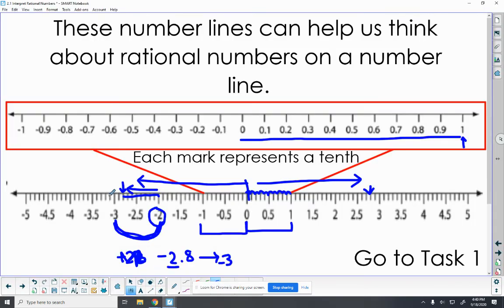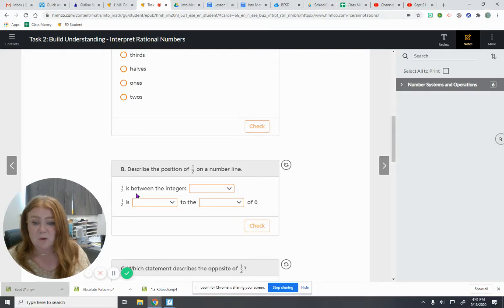And I know this doesn't have fractions on it, but I know that 50 cents is half of a dollar, 0.5 is the same thing as 1/2. So if I'm over here at 0.5, I know that's going to be the same thing as 1/2. So let's look at what our question asks us. So 1/2 is between which integers?